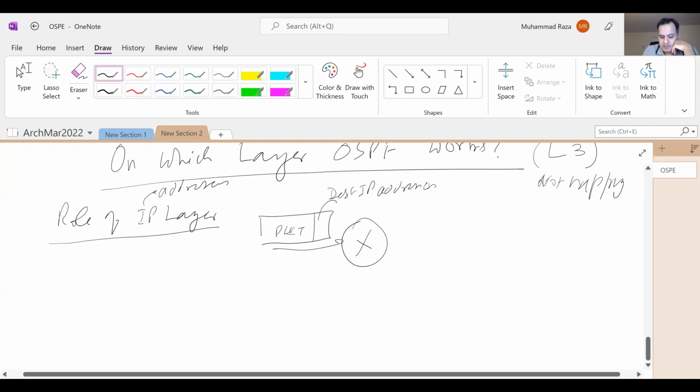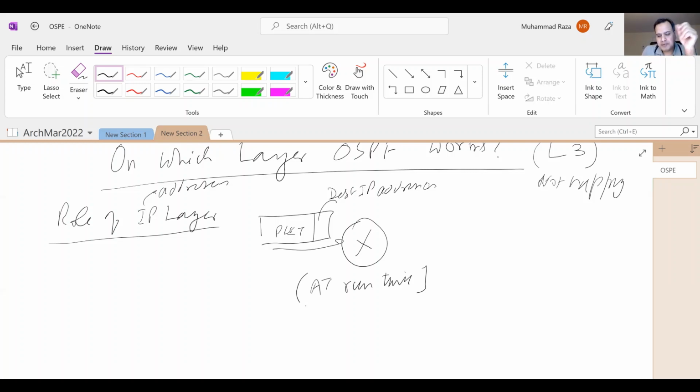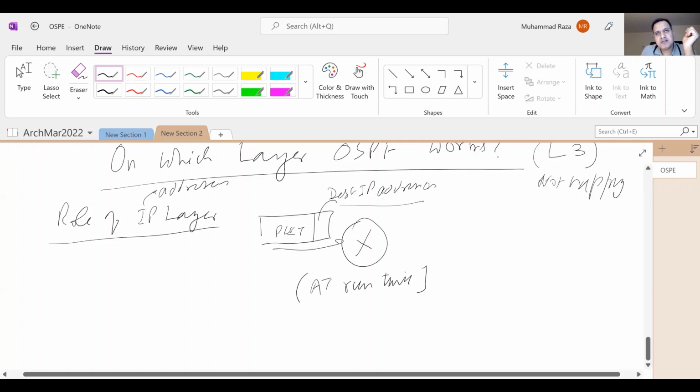At real time, when the packet comes to me, I buffer it if I have to. Then I look at the destination address, and if I'm receiving at this port, F0/1, and I have 2 ports shown here, let's say F0/0 and F1/1, I have to decide whether to forward this packet or not.